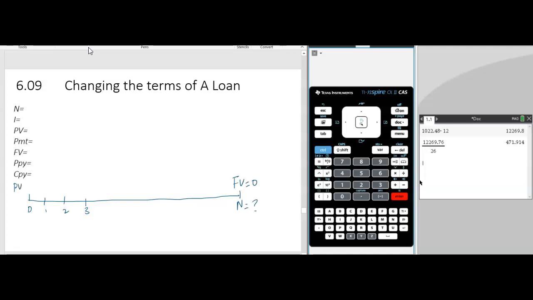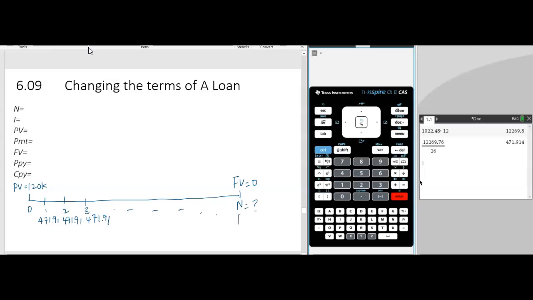So present value 120,000. And now your fortnight payment was what you found earlier, 471.91, 471.91, 471.91, and it continues.